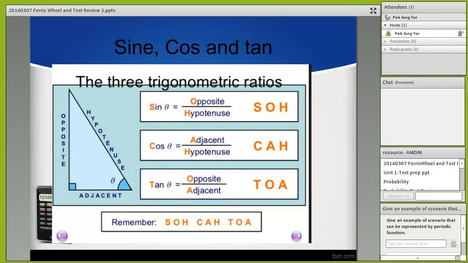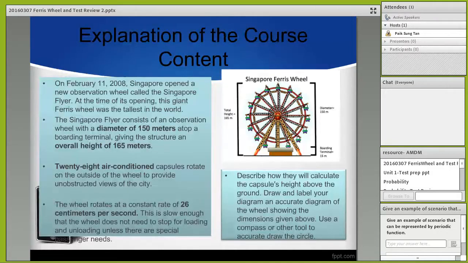Today we are going to use the cosine of theta to help us solve our Ferris wheel questions. These questions are taken from the content that is provided in this course for you. I only want to break it down because by looking at the content, I consider some of the students might not understand it.